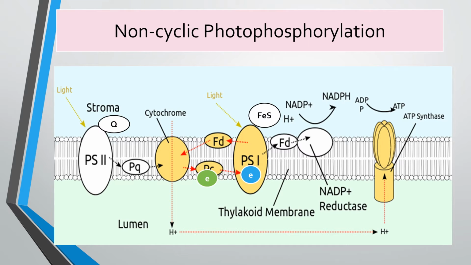So as soon as the photon strikes photosystem 1, the electron in the P700 will be excited and pass to the primary electron acceptor, which is FeS. So the electron at the PC just now will fill the empty spot there. The electron at the FeS will then go to the ferredoxin, Fd, and will be accepted by the NADP plus molecule.